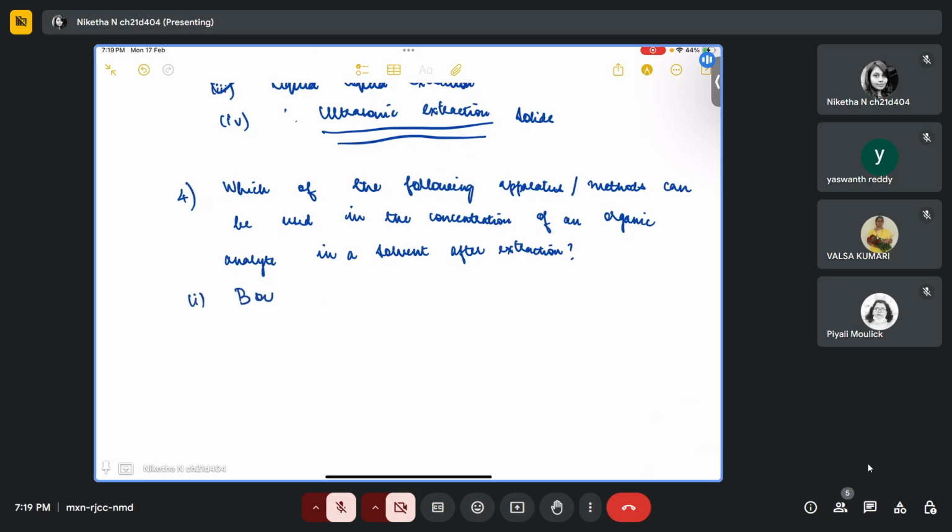First one is boiling. Second one is Kuderna-Danish apparatus. Third one is rotary evaporator.